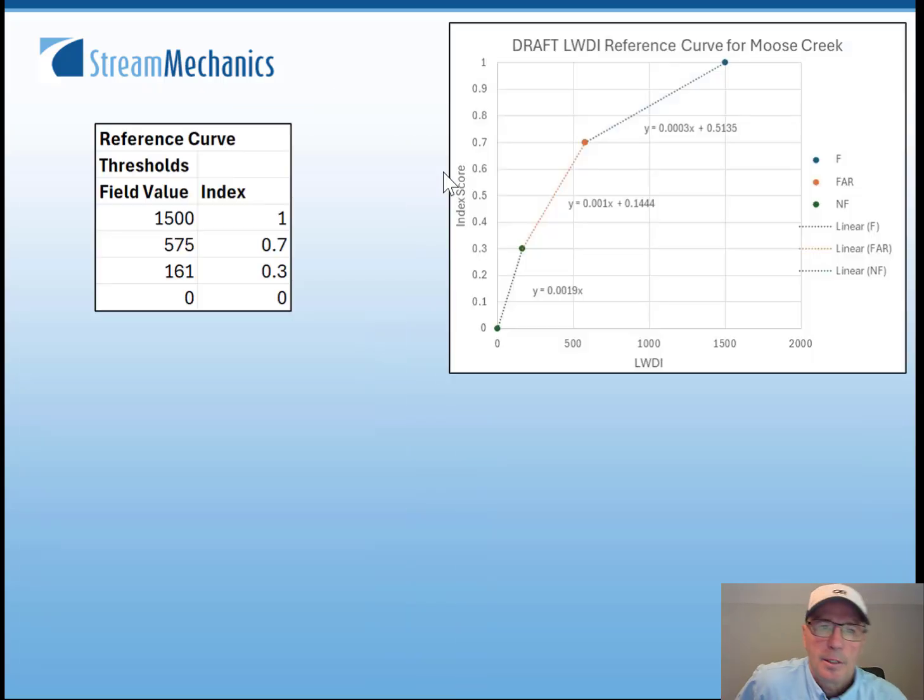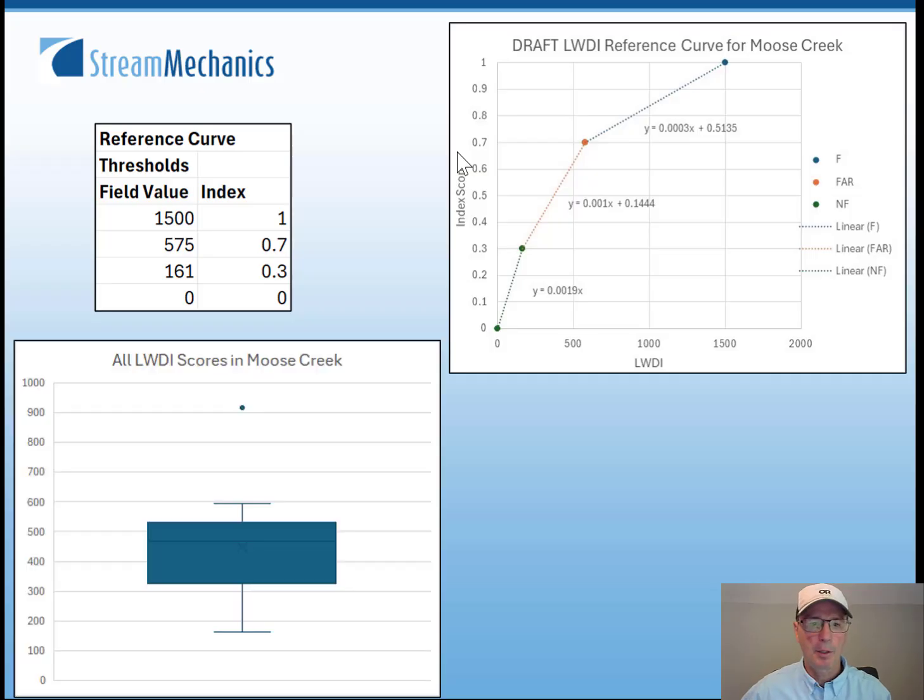All right, here's another example of collecting data. This is for a particular watershed, the Moose Creek watershed in Alaska, and the forest here is about 80 years old. They did wood assessments using a method called the Large Woody Debris Index, for pretty much the whole watershed, and they plotted their LWDI scores for the whole watershed and then began to develop their reference curve.